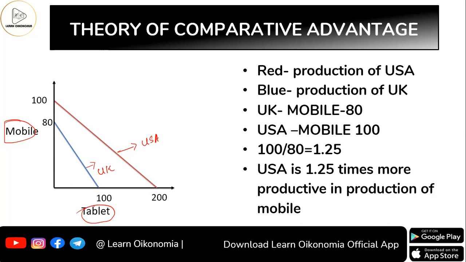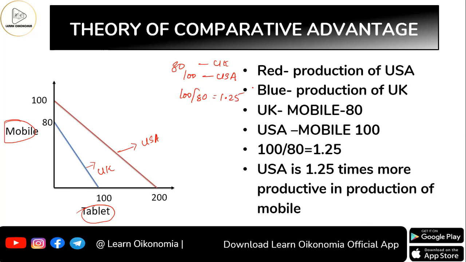So we know that as far as the mobile scenario is concerned, UK is having 80, and this is for UK, and we could have 100 for USA, right? So in this case, we are going for a scenario like 100 by 80, and we have already arrived.